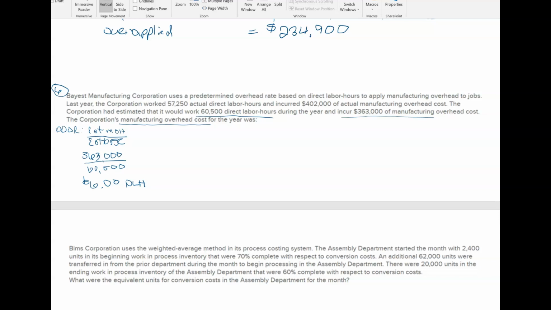Now what we're going to do is take the actual overhead of 402,000 and then take the applied, which is going to be that $6 times the base of 57,250.